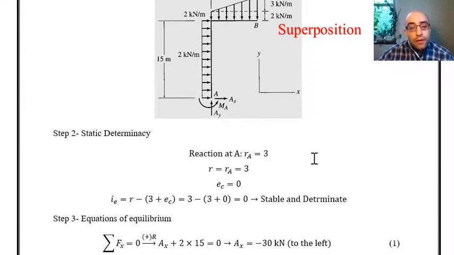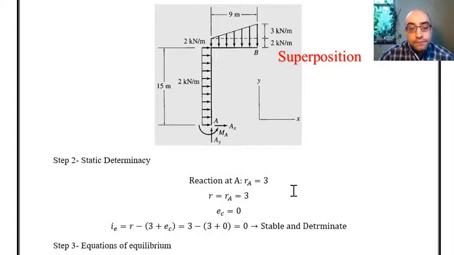So if you look at this part, you can see I put R as 3, the reactions at point A. EC is equal to 0 because we don't have any hinge or any roller in the structure.